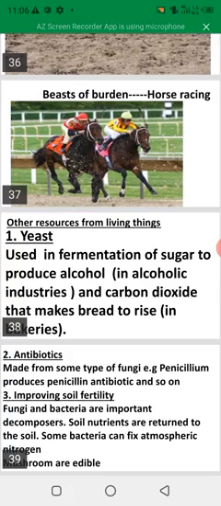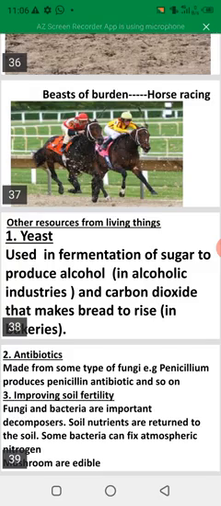Also, improve soil fertility. Fungi and bacteria are important decomposers. When they are in the ground, they decompose and they add nutrients into the soil. So soil nutrients are returned to the soil in such a way. Even if all those fungi and bacteria died, they return nutrients to the soil.